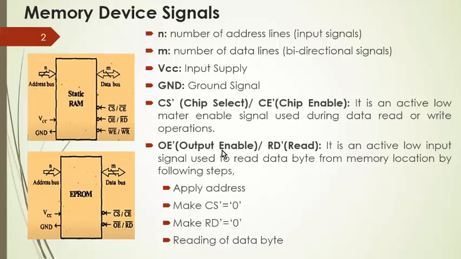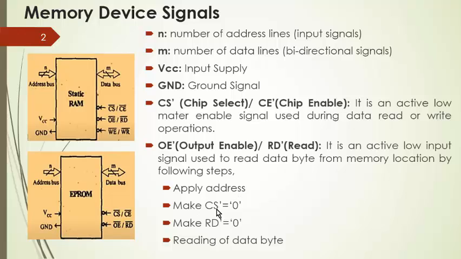Then OE bar, that is output enable, and sometimes you will find RD bar, that is read signal. It is an active low input signal used to read the data byte from a memory location by following steps. Suppose the processor wants to read the data available at a specific memory location, it will follow these steps. First the processor will apply the address by using address lines.